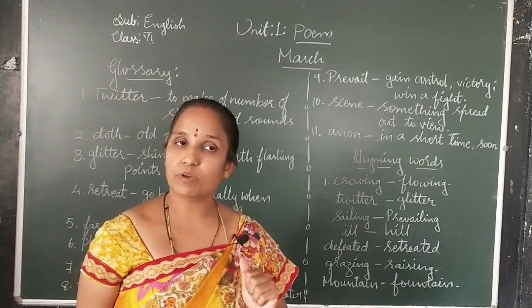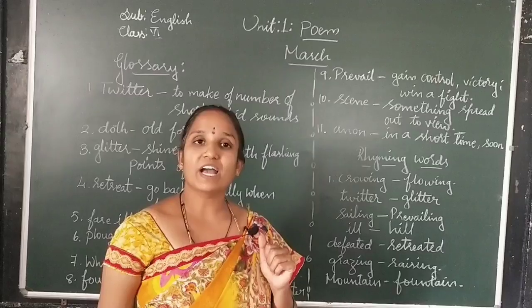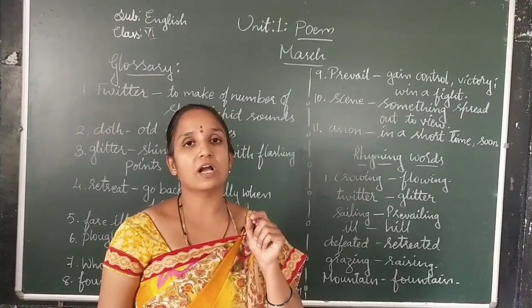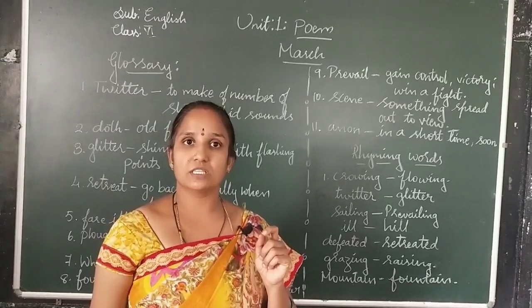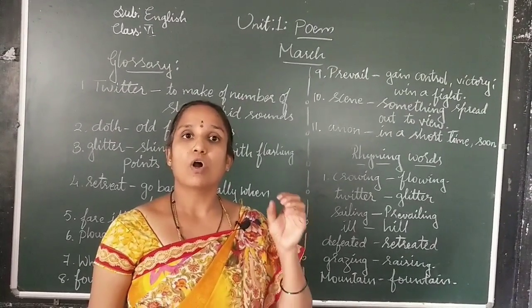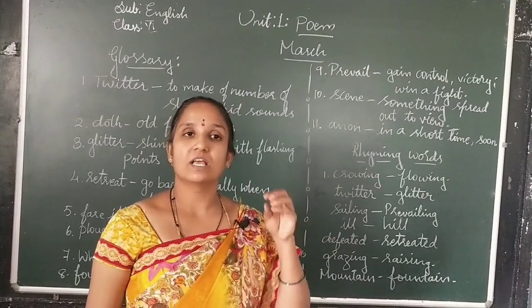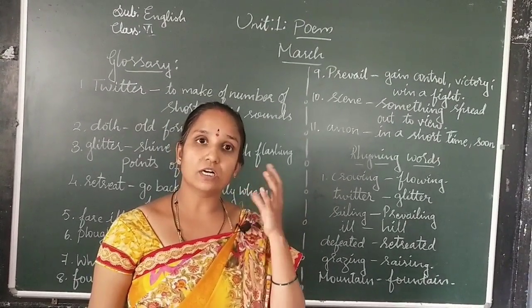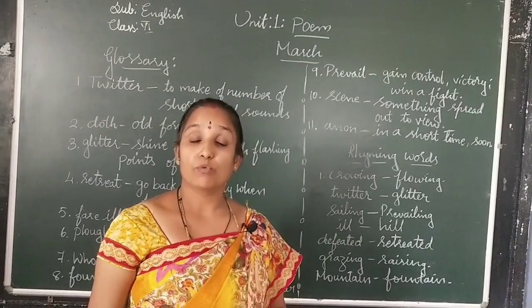The first and foremost Rutu is Vasanta Rutu. Why is he pointing out Vasanta Rutu? Because in the winter season almost all the trees lose their leaves. The leaves turn pale in color and fall down.